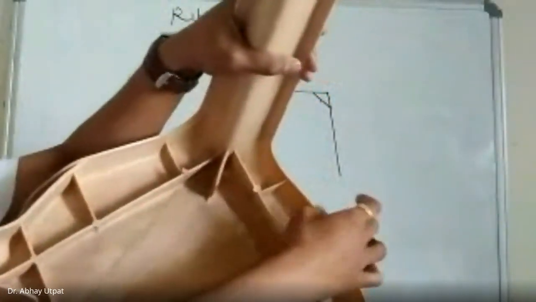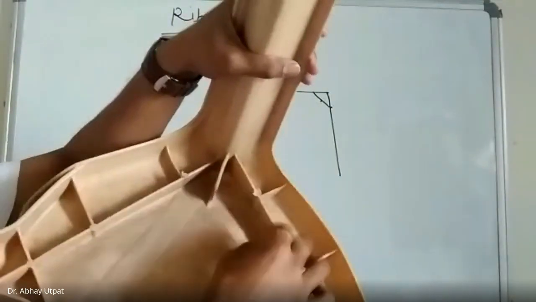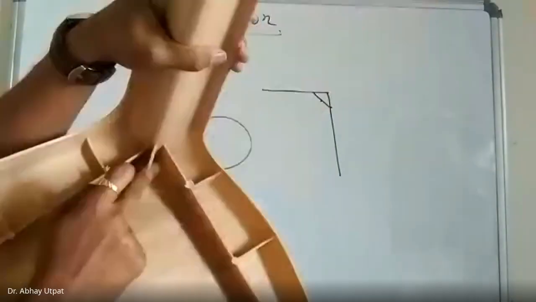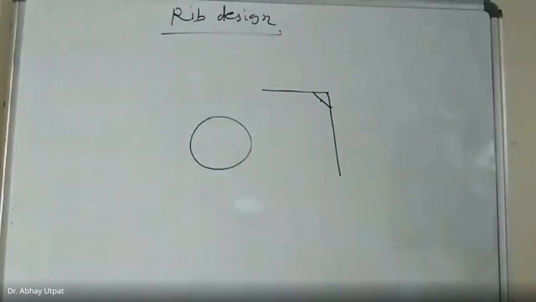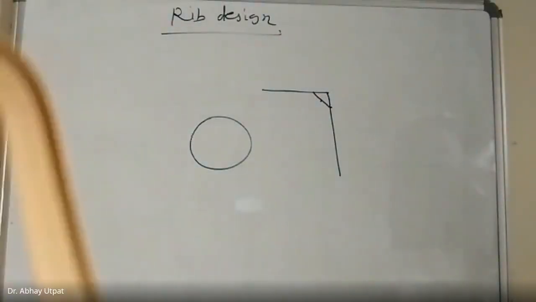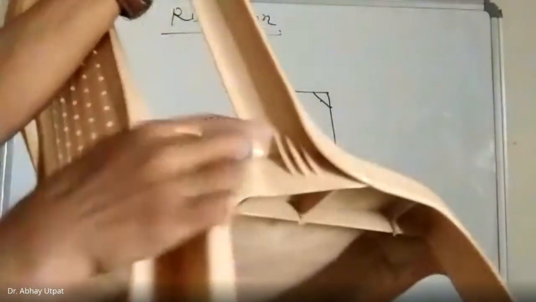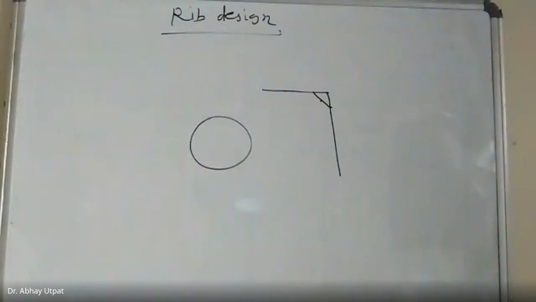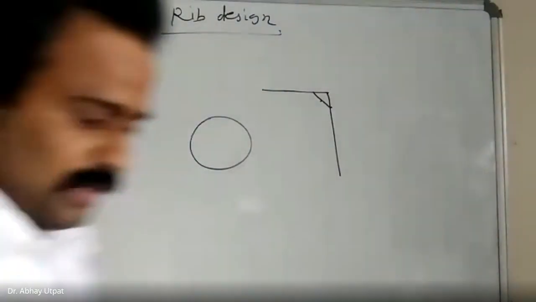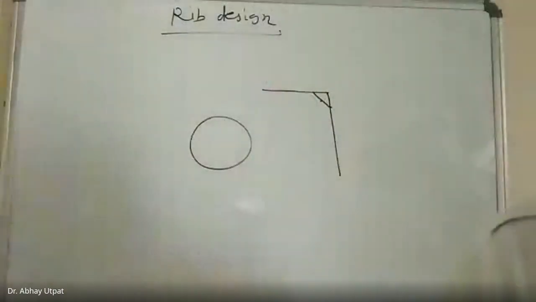Now, wall thickness and rib thickness are considered differently there, and one more rib is provided here. Okay, so if you see this here also, see, these are called as ribs. Ribs are provided for giving strength to the plastic component.